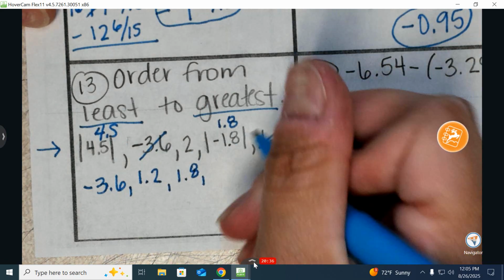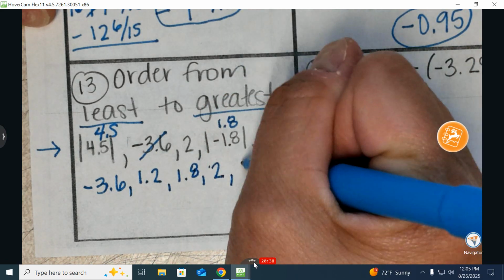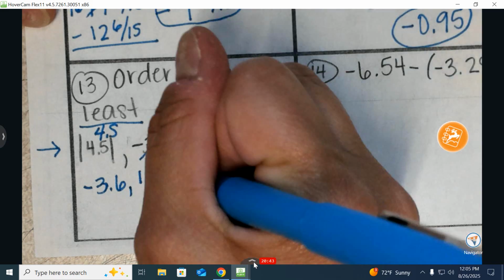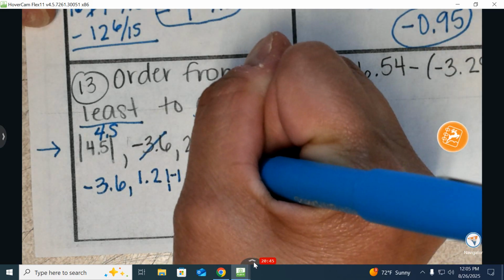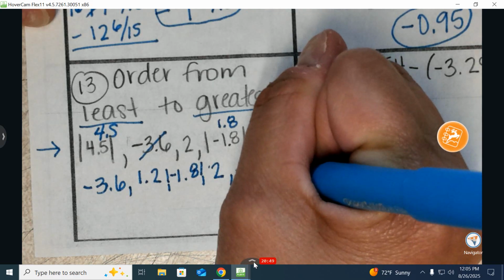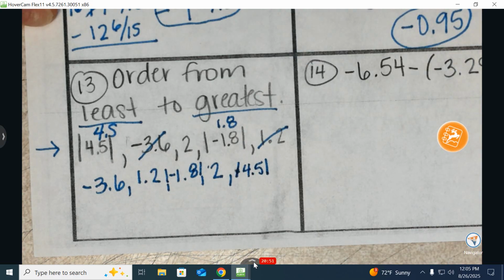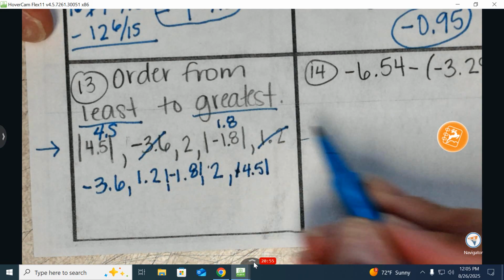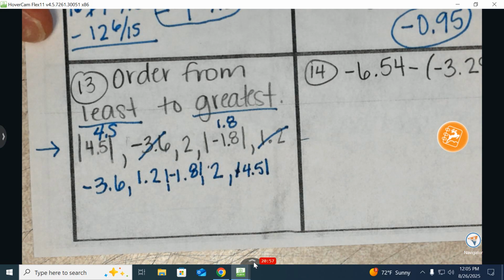Then between 2 and 4.5, 2 is smaller. And then, oh, I didn't write the absolute value there. And the absolute value of 4.5 goes here. Because remember, you have to put the actual problem. That's in order from least to greatest.